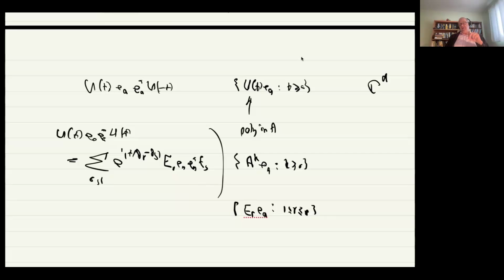Now, E_r E_A is the projection of E_A onto the eigenspace. And so we don't care about the eigenvalues where the projection onto the eigenspace is a 0 vector. So that tells us we don't need all the eigenvalues. And a lot of the time we can more or less ignore this fact, but it's true. And in fact, in general, we'll find it's unusual to need all the eigenvalues.